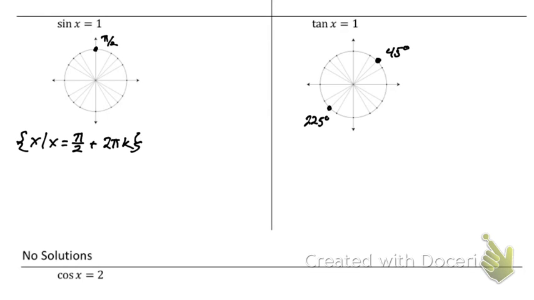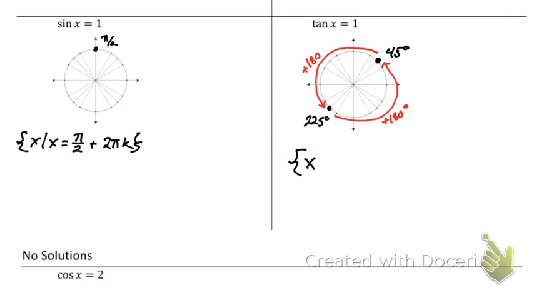What makes this problem different is there's a set interval between these two. To get from 45 to 225, you would add 180. To get from 225 to 45, you would also add 180. That changes our formula just a little bit.